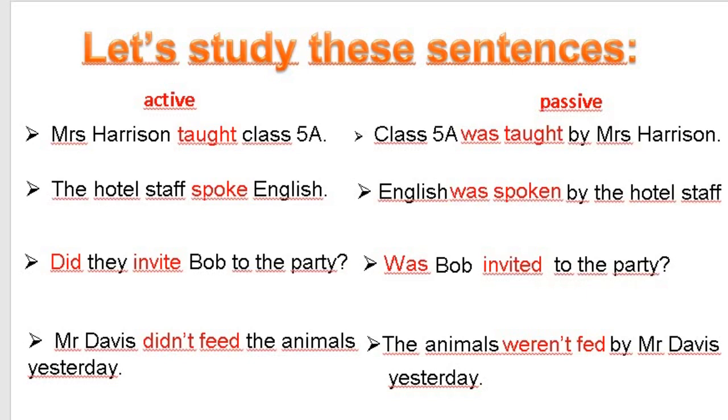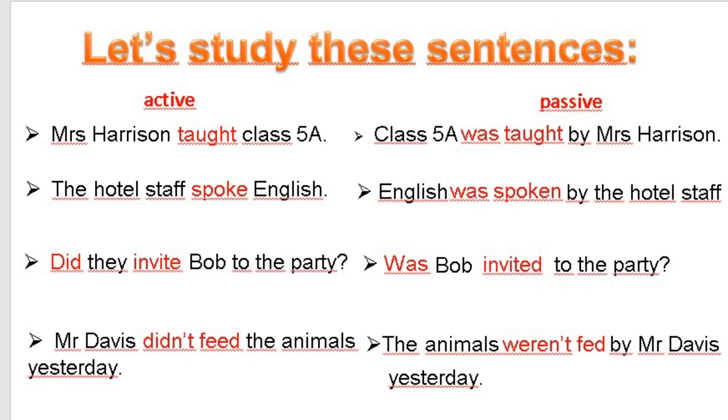English was, it is singular, so we use was plus the past participle of the verb speak: spoke, spoken. Spoken is the past participle. So English was spoken by the hotel staff is the passive form.